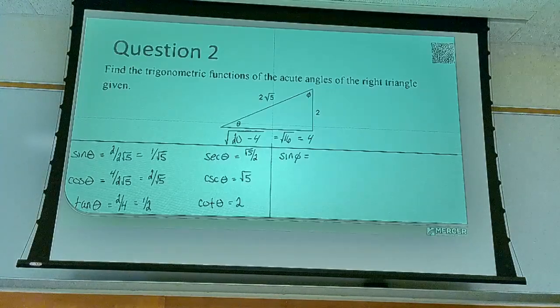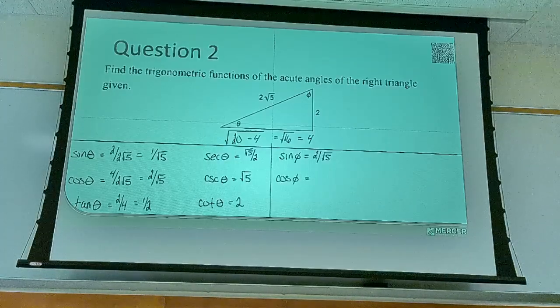No, it's close. It's 2 over square root of 5. It's cosine of theta, not secant of theta. Or you could have just used opposite over hypotenuse with phi, right? You could do either one.